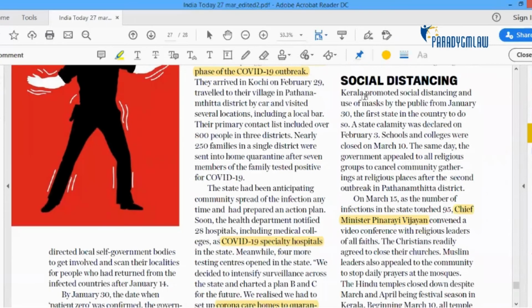The new paragraph is about social distancing. Kerala had advocated social distancing and use of masks as early as January 30th, and the schools were closed as early as March 10th.